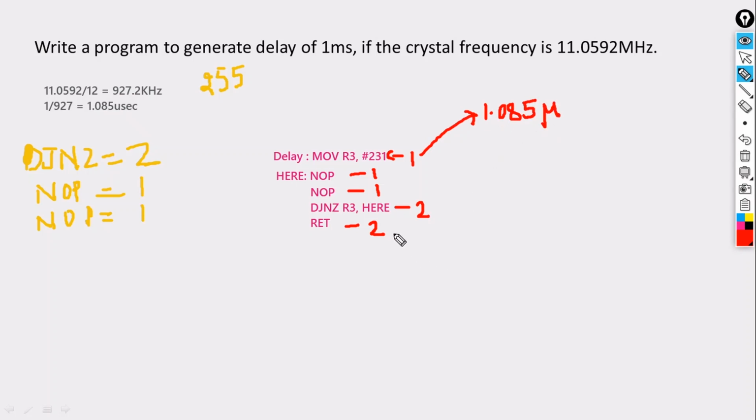And this is going to be executed only once, so I'll be getting 2.17 microsecond. Here the number of machine cycles is 4, so these are going to execute 231 number of times, and the time required for one machine cycle is 1.085 microsecond. Let us calculate this.